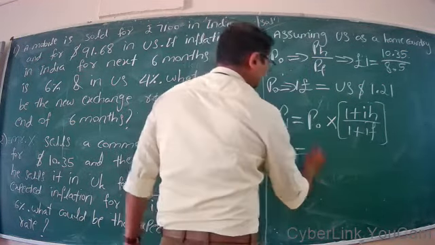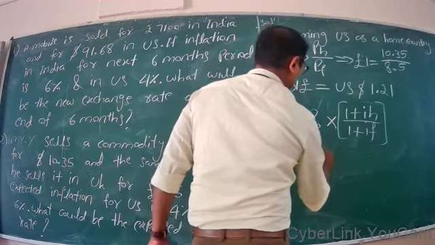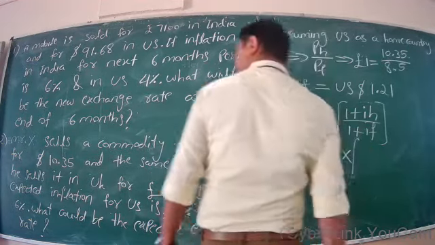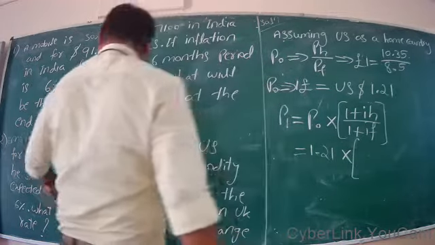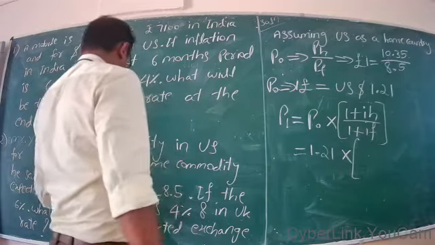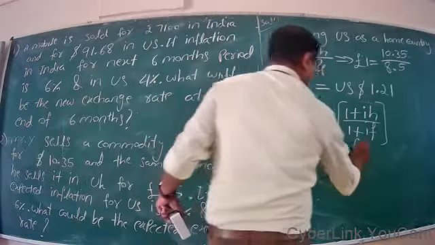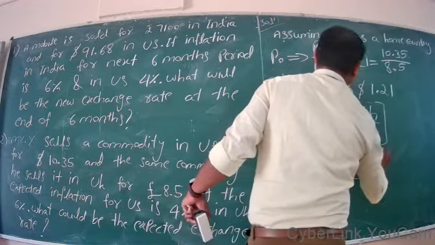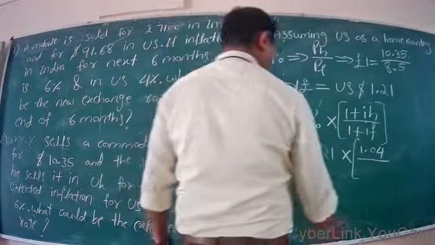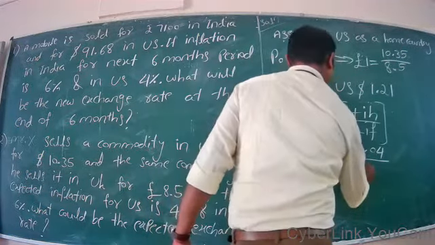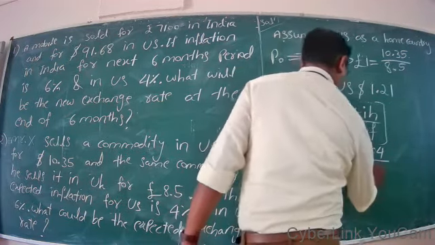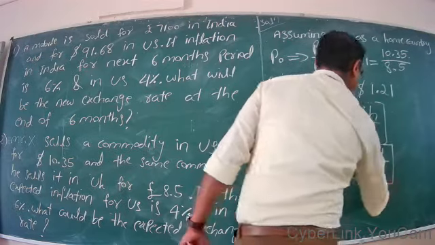So the spot rate already calculated, 1.21, multiplied by 1 plus inflation in the US, the expected inflation of 4%, that is 1.04, divided by 1.06, since in the UK it is 6%, and we consider the UK as the foreign country.